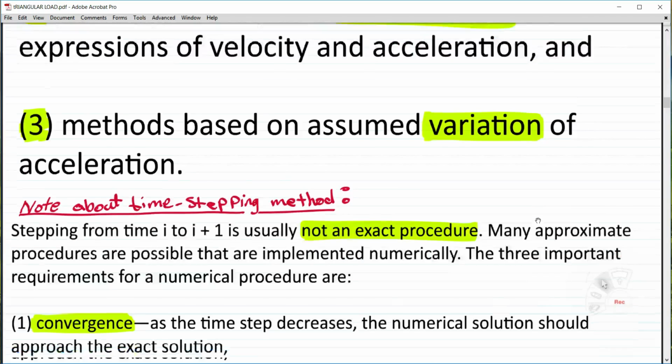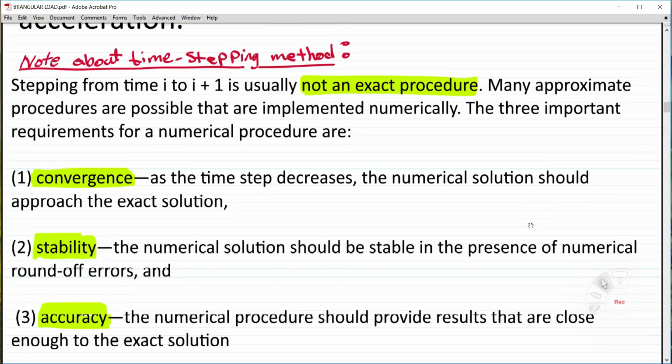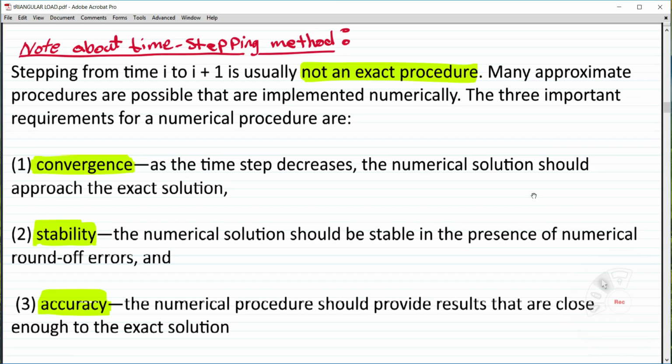Okay, and then what should we take care of when we are dealing with the numerical or time stepping methods? In general, whenever we are dealing with time stepping methods, we always have steps from point i to point i plus 1.